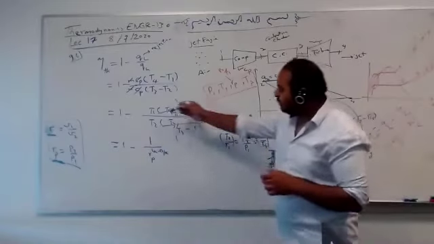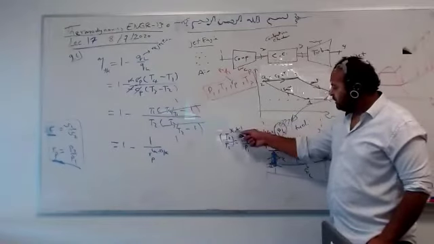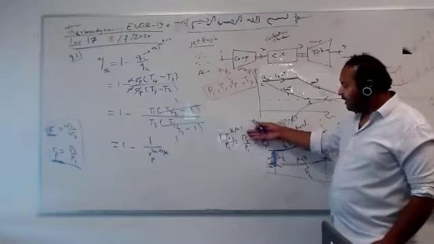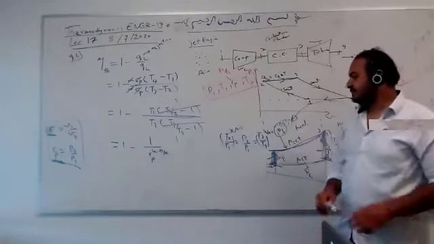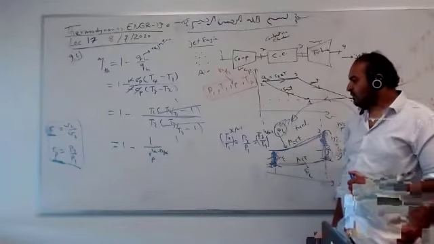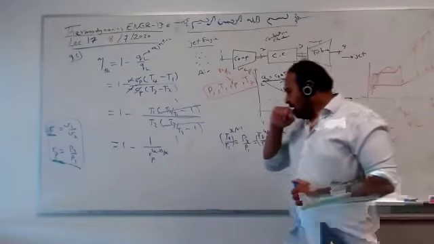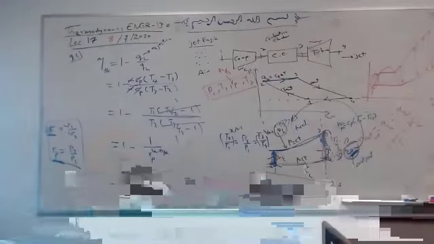So the remainder is T1 over T2. T1 over T2 is P1 over P2 to the power K minus 1 over K, which is 1 over RP to the K minus 1 over K. It's 1 over RP because for T1 over T2 you need P1 over P2. Okay?